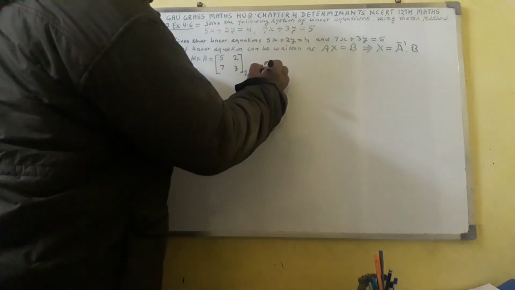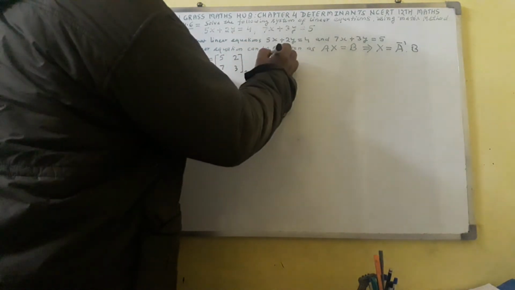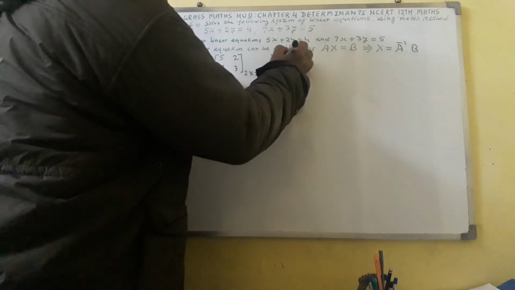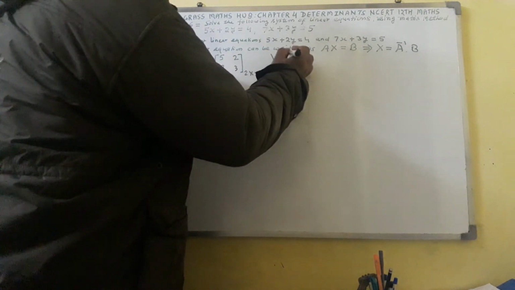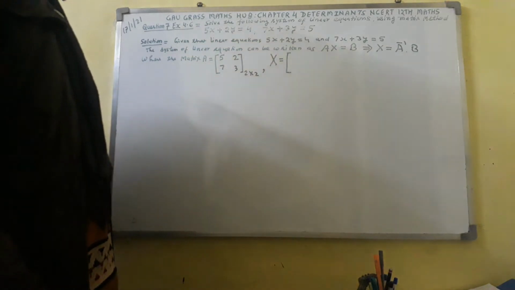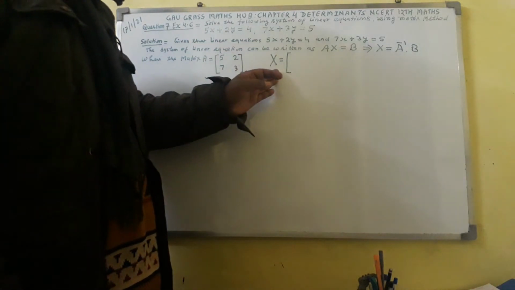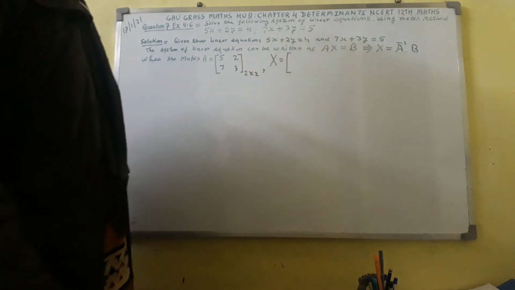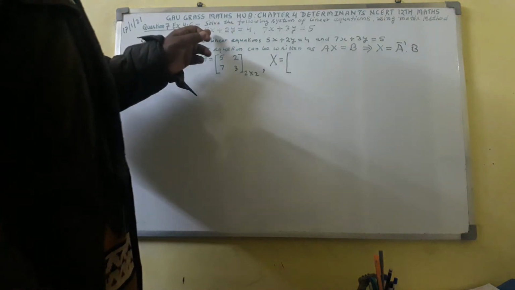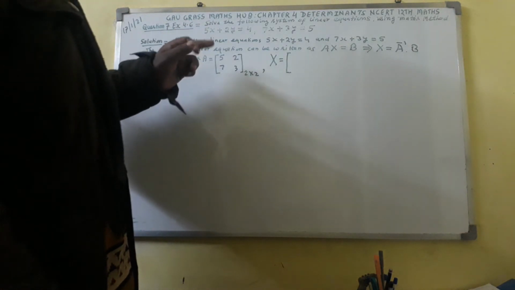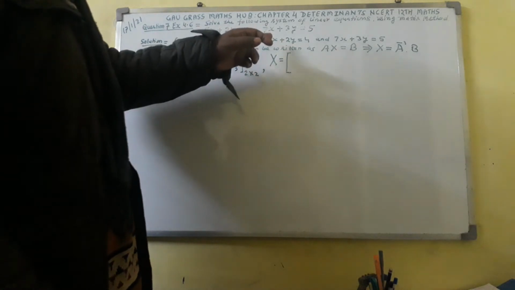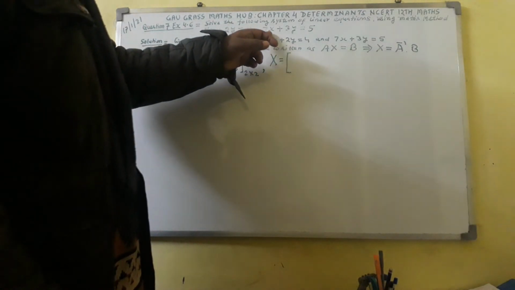And again you can write capital X is equal to capital X, that is the variable matrix. So here you can see in first equation variables are x and y, and also in second equation variables are x and y.